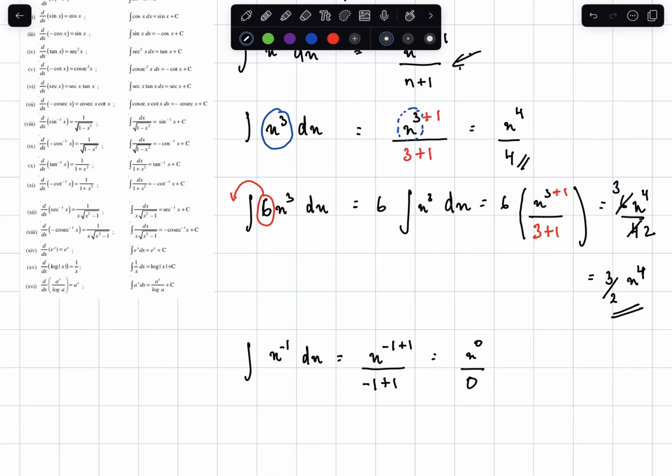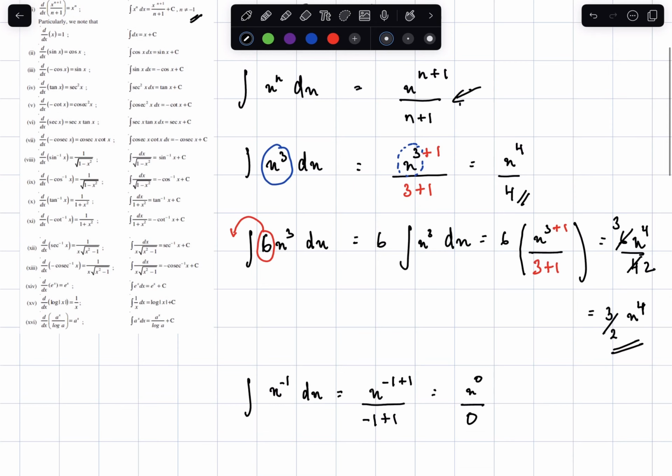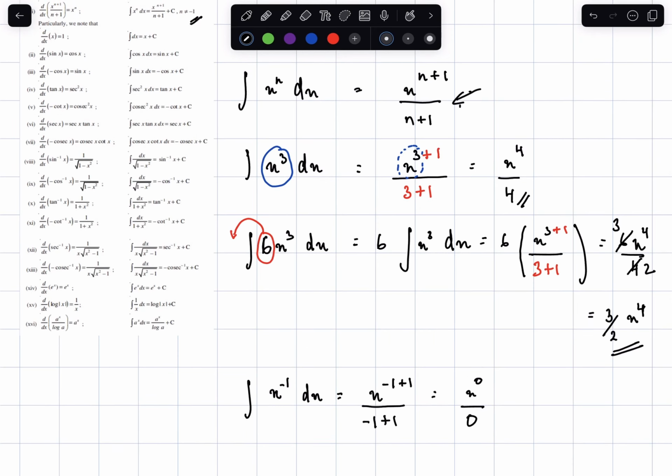Correct? So what do you see in this case? When n is equal to -1, the integral of x to the n dx goes to infinity.